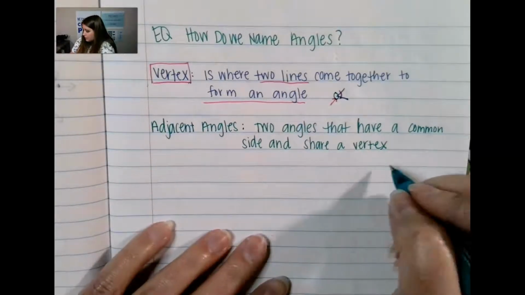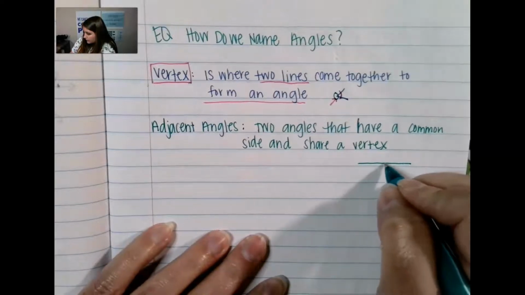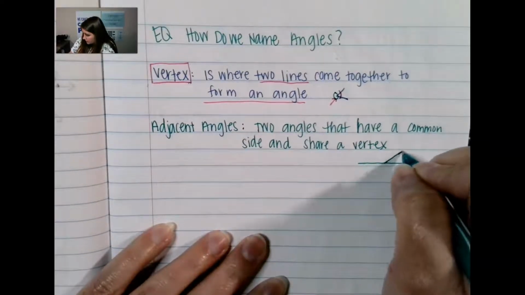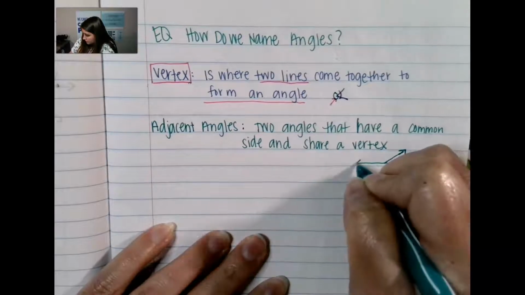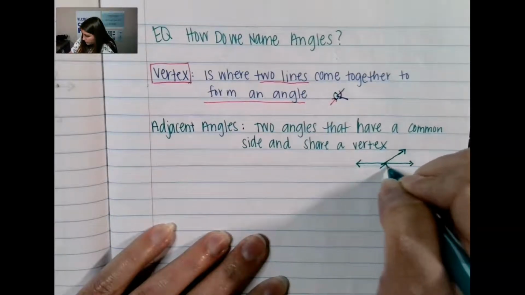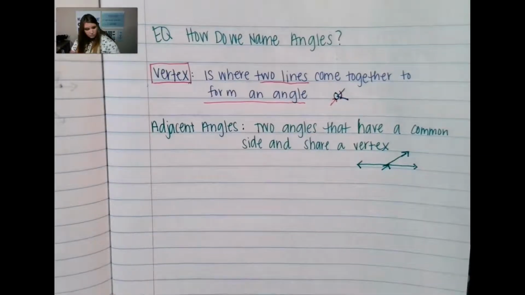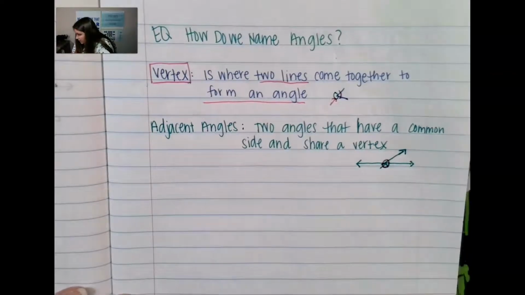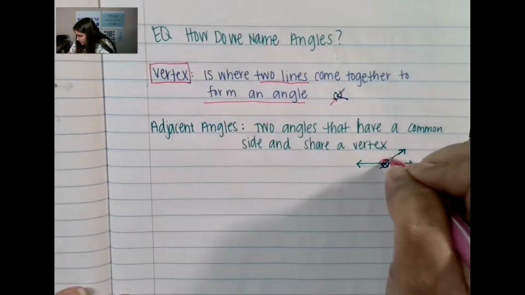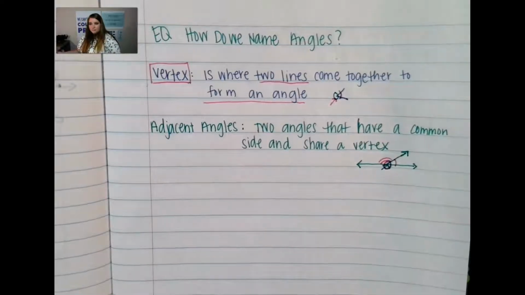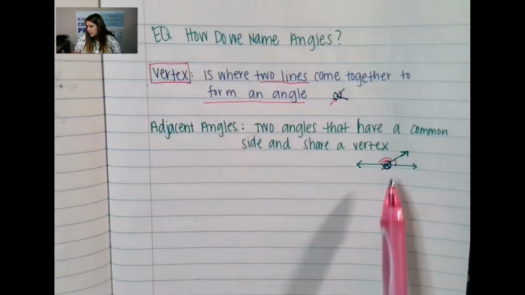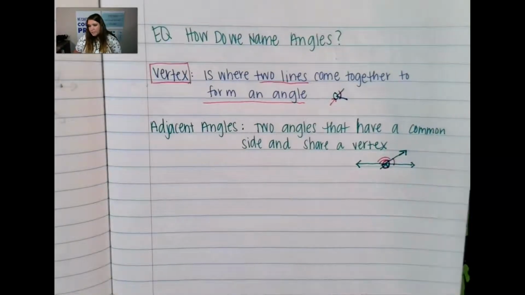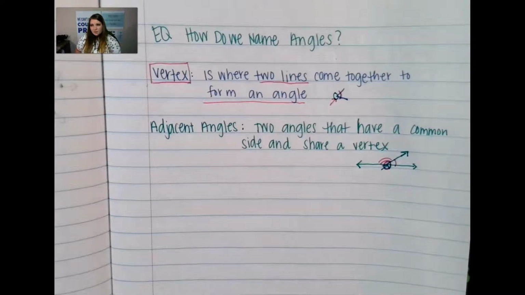It would look something like this. Here's the vertex, this part right here. Here's an angle, and here's an angle. They share that vertex right there. And here's the common side that they have in common.